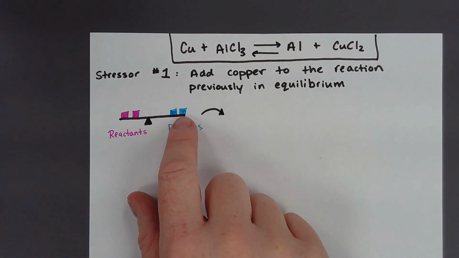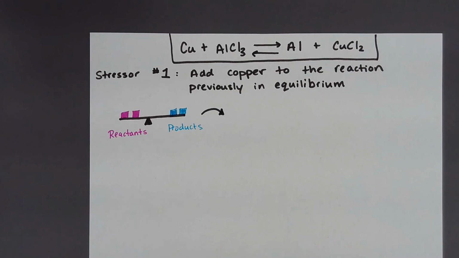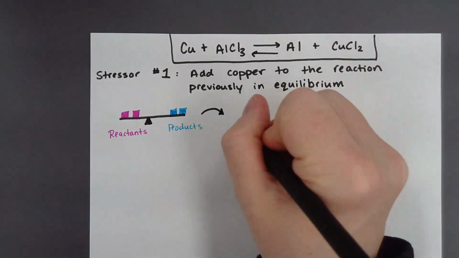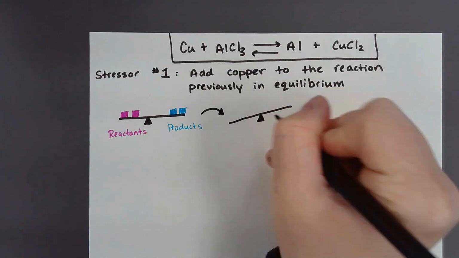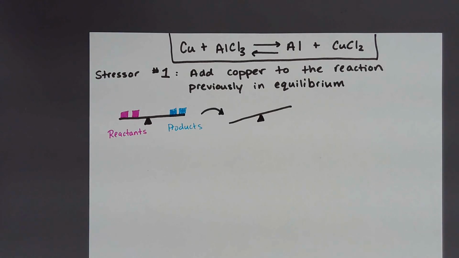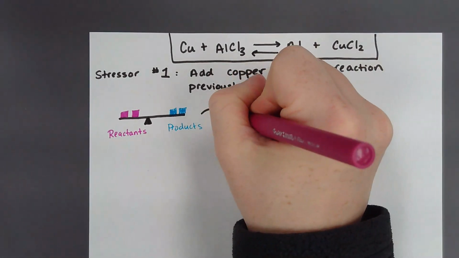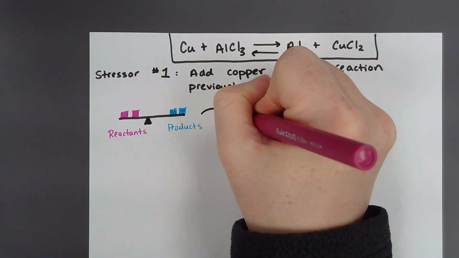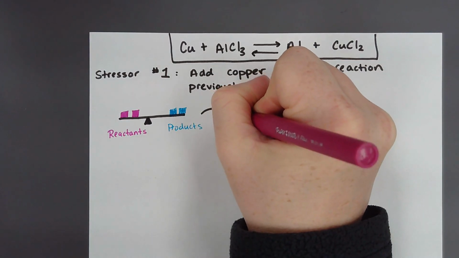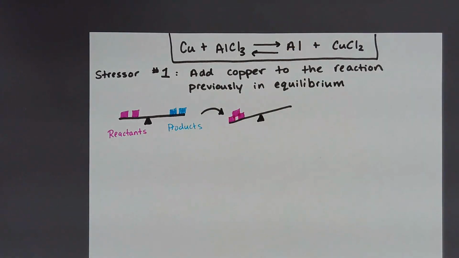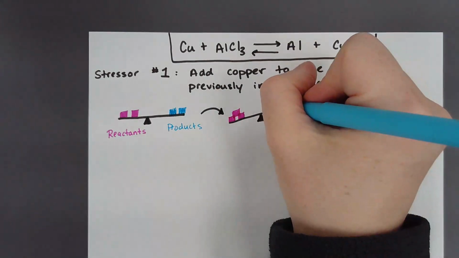I only have 2 units on my product side. So that's going to shift my teeter-totter. If I have more on the left than I do on the right, that left is going to drop because, like a teeter-totter, the heavier side drops. And the right is going to be elevated.